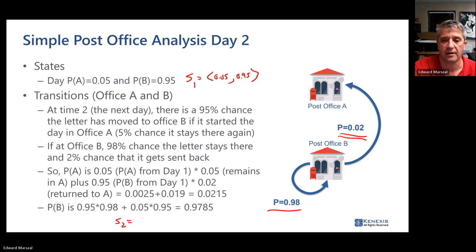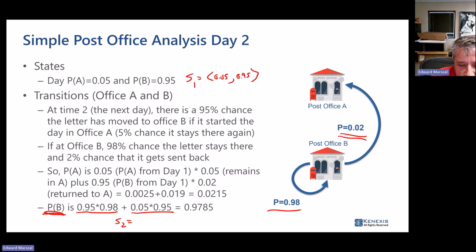I need to get my probability math correct here. The probability of being in state B, still in the post office on day 2, is 0.95 times 0.8 plus 0.05 times 0.95, which is going to give me a probability of 0.9785.